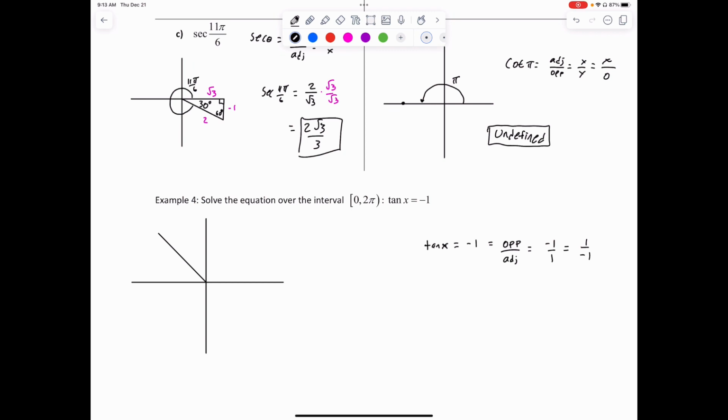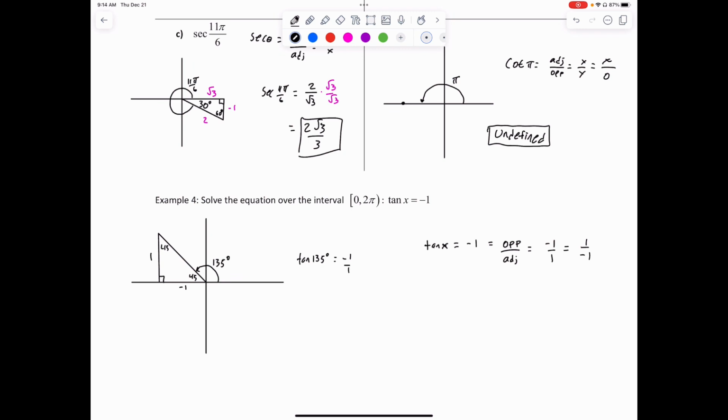If we sketch a picture here with tangent of x being +1 and -1, because the y value is positive and the x value is negative here, we see that we get a 45-45-90 triangle, which of course is the reference angle for the angle 135 degrees. So the tangent of 135 degrees is equal to -1 over 1, and therefore 135 degrees is one of our answers.